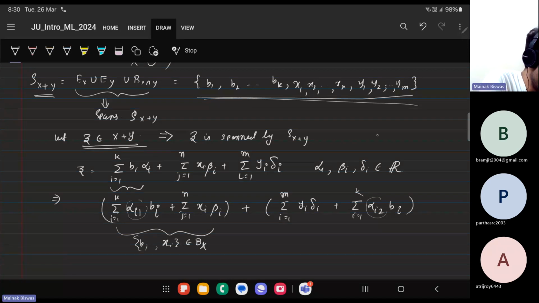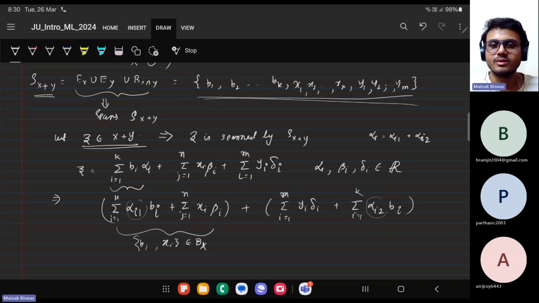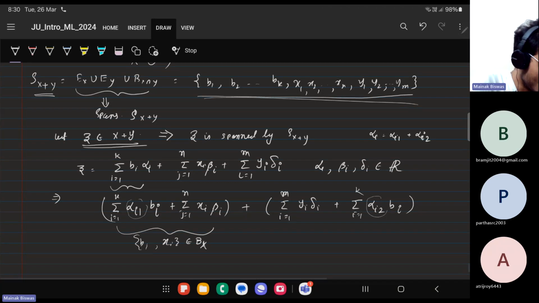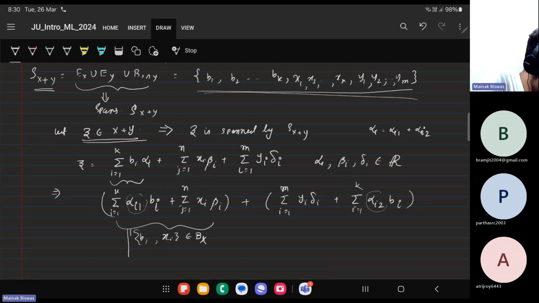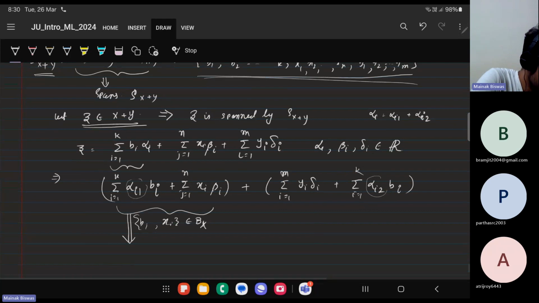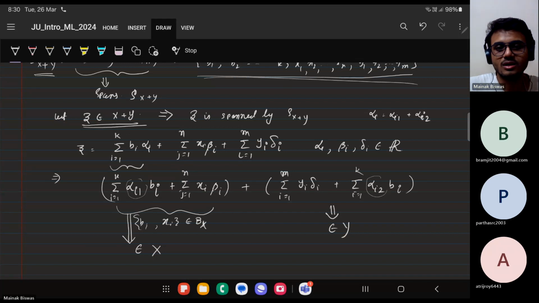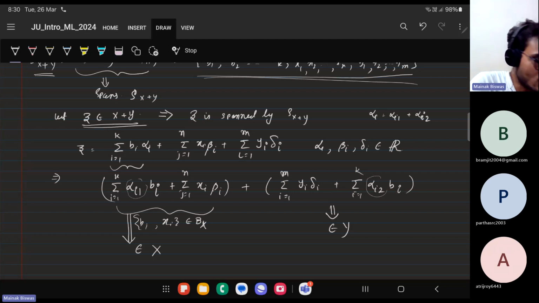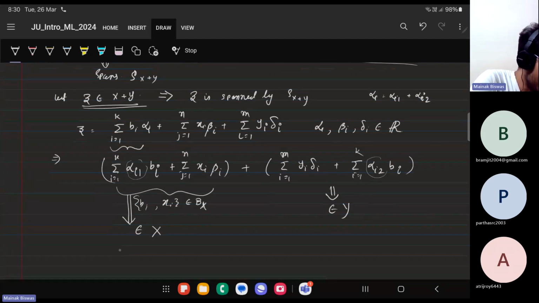So I have written alpha i as alpha i1 plus alpha i2. This is how I have written in this step. So this is all linear combinations that belong to x, and this is all linear combinations that belong to y. Yes or no? This belongs to y, this belongs to x. So z also belongs to x plus y.